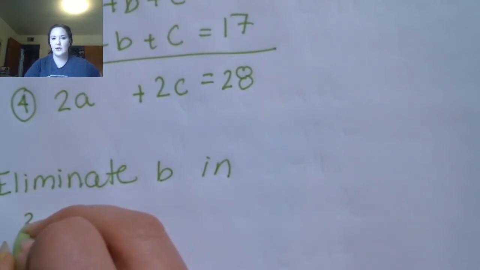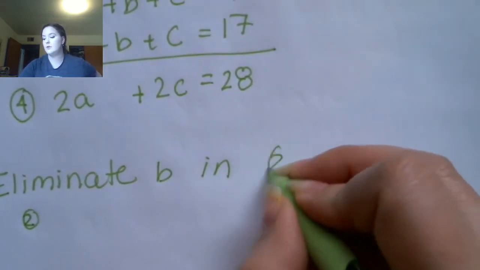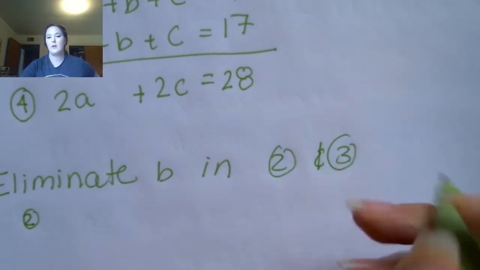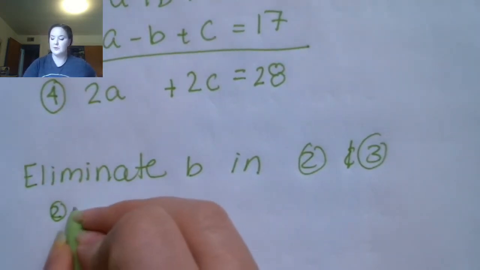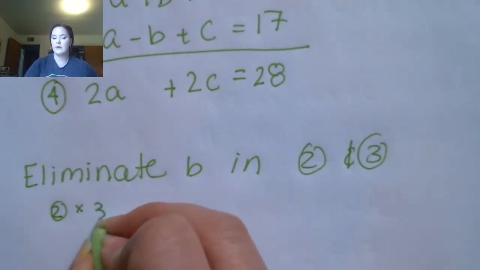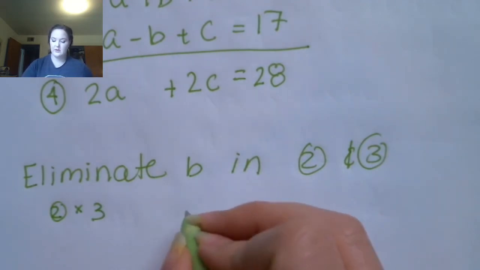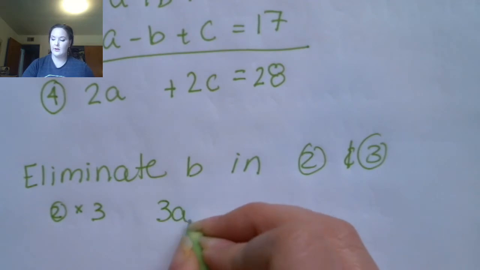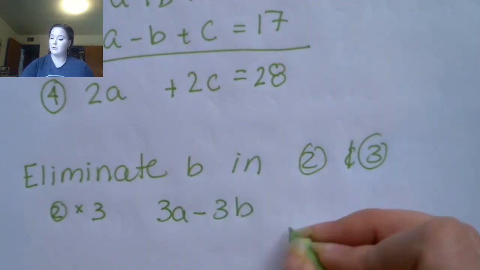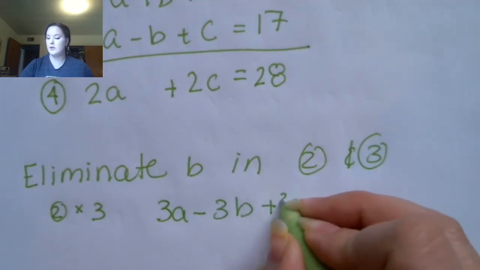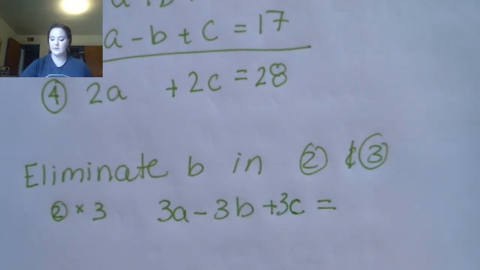I'm going to take equation 2 and multiply it by 3 so that the b's will cancel out. So I'll get 3a minus 3b plus 3c equals 17 times 3, which is 51.